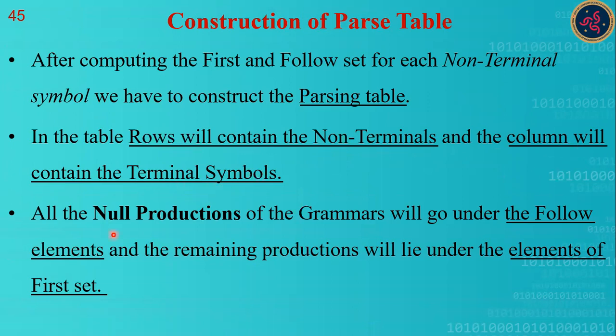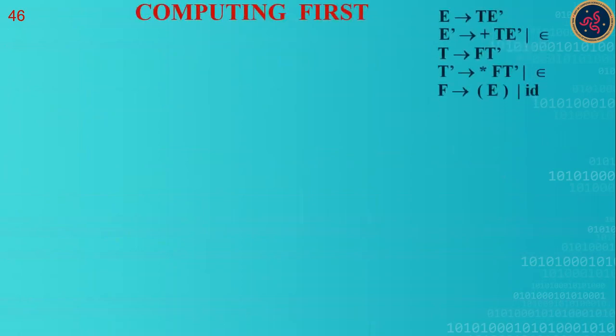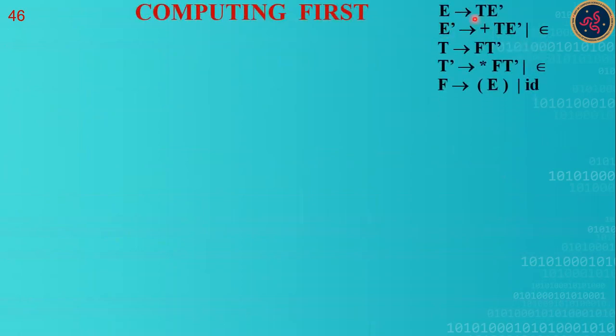If there are any null productions in the grammar, they come under the follow symbols, and other than the null productions will be taken by the first elements. We can compute the first by using a grammar. We can consider an example. So here this is the grammar given.